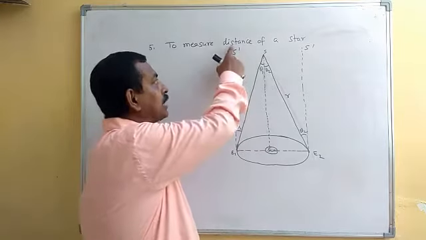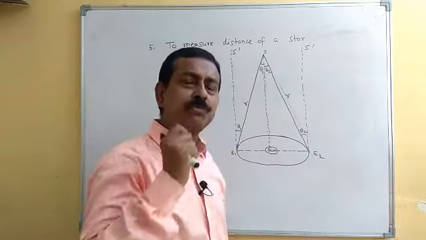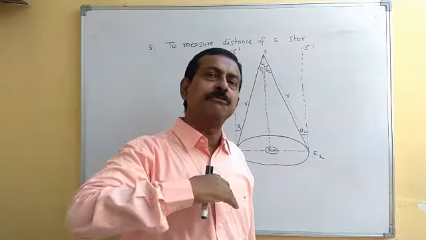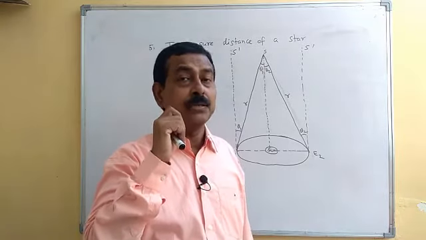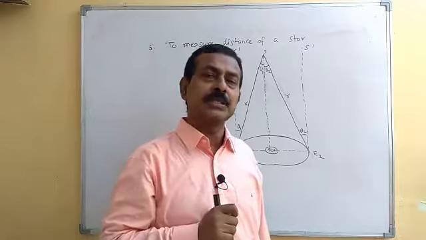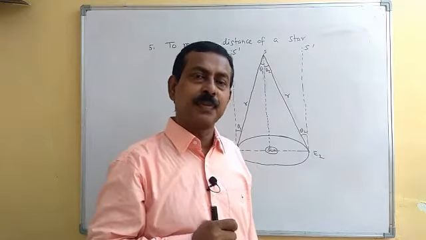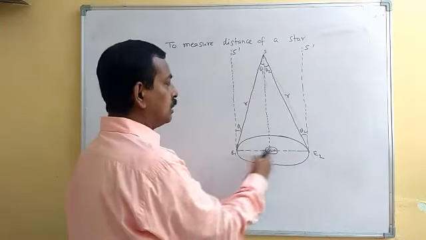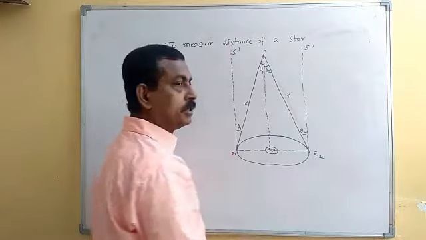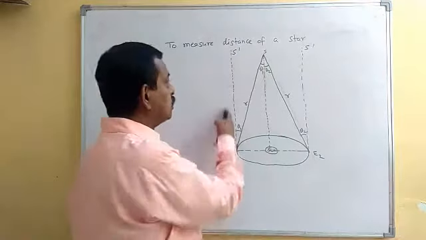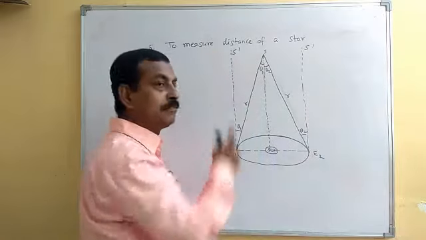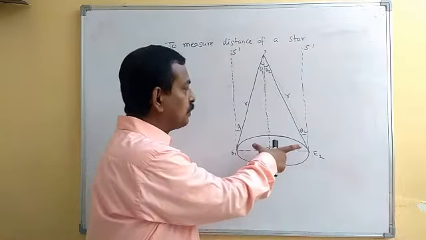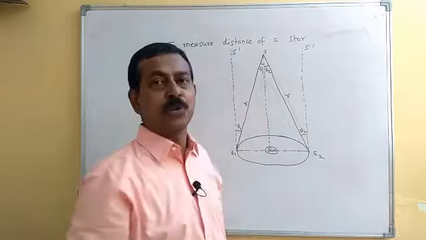And S dash represents a far off star, a star which is at a very large distance. So if the star which we are taking as a reference is at a very large distance, and it is observed from E1 and E2, these lines will be almost parallel. Because it is at a very large distance, it will just appear as if they are going to meet at that point.